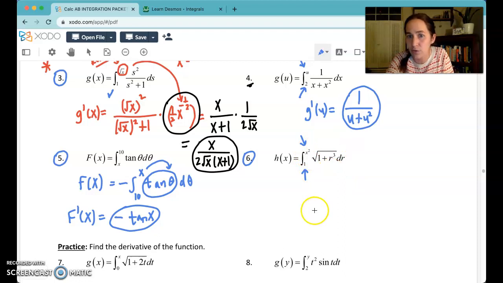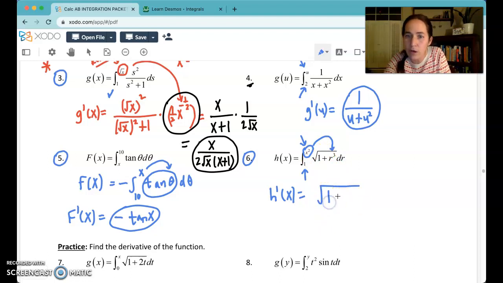Plugging in the x squared is really what's going to happen, but we'll get to that when we get to it. We want to take h prime of x, a derivative of what's already here as an antiderivative, as an integral. So I'm going to take this variable expression and plug it in everywhere I see r. So you'll have the square root of 1 plus x squared cubed. Okay, that's part 1.